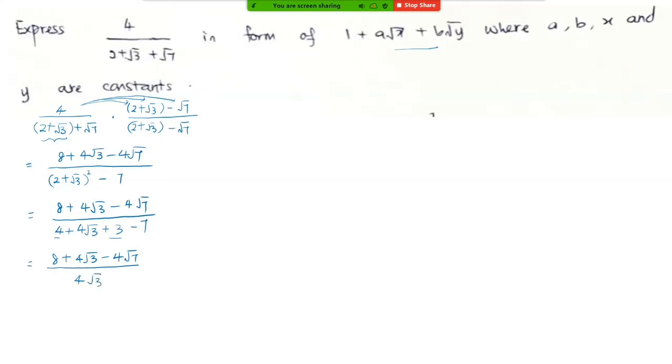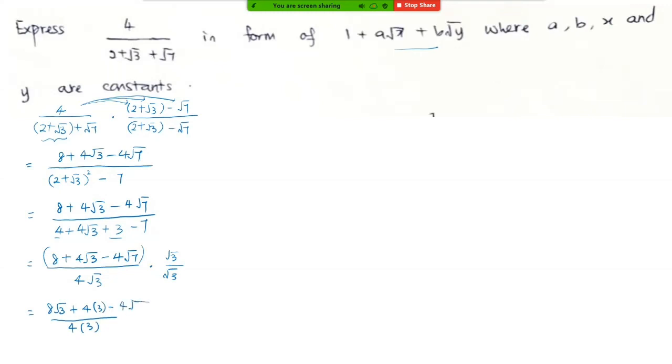Now, let's find a conjugate pair for root 3, in order to rationalize our fraction. So the only way is to multiply with root 3. So at the bottom, we will be left with 4 times 3. At the top, the whole thing is multiplied with root 3. So we will have 8 root 3 plus 4 root 3 times root 3, which gives back 3, and minus 4 root 7 times root 3.